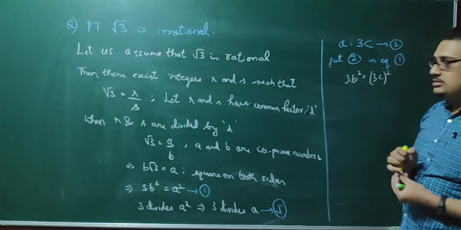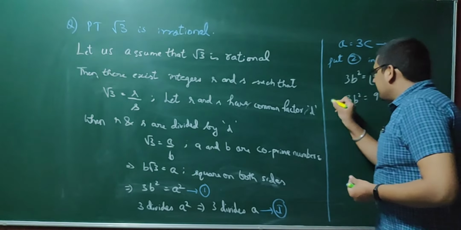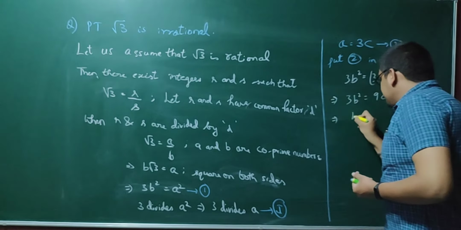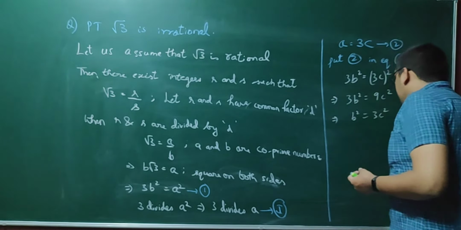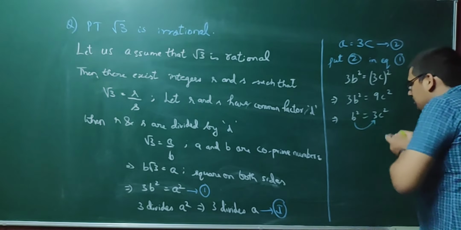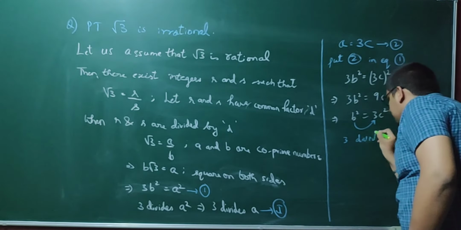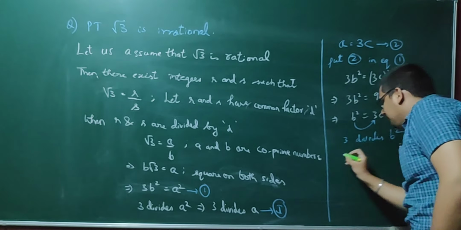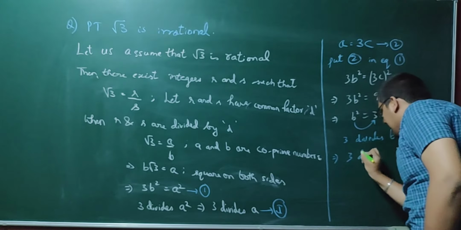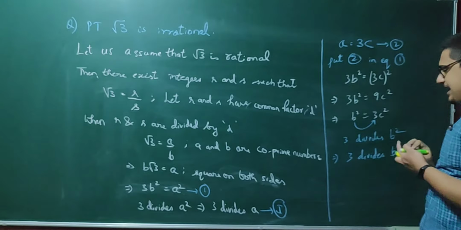Correct? 3b square is equal to 9c square, which further implies b square is equal to 3c square. Now I can say that 3 divides b square. If 3 divides b square, again using theorem 1.3, I can say 3 divides b.